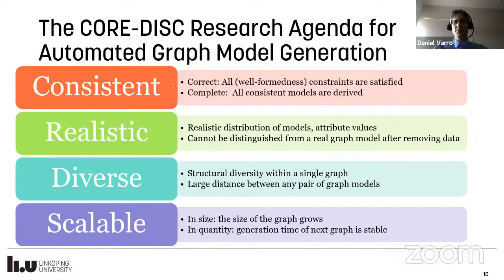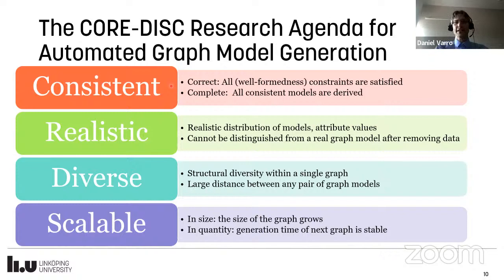One is consistency, that all well-formedness constraints are satisfied. And ideally, a related property would mean completeness, that in principle, one could generate all consistent models of a particular domain that satisfy the constraints.